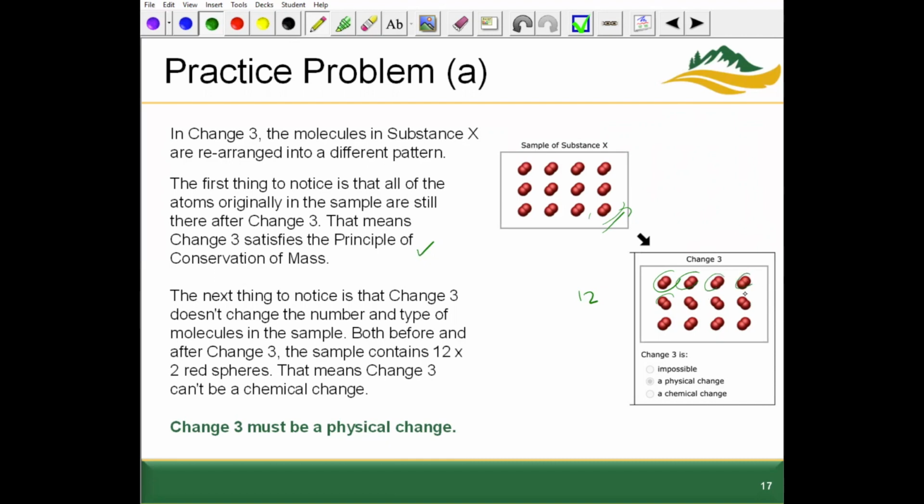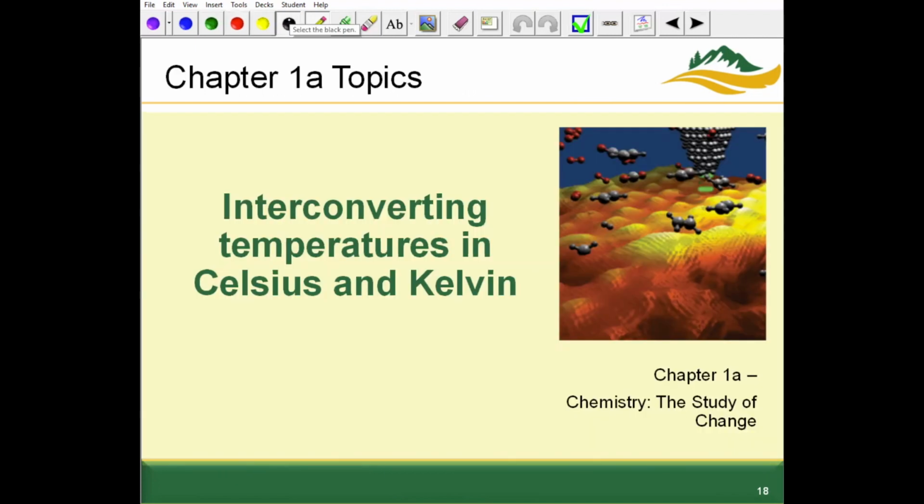So they're not chemically changing. The change is possible because it does obey that conservation of mass. And so the only option left here is this must be a physical change. Again, because these are not chemically altering, there's just a slight difference in the physicality of these diatomics in this box versus this box.